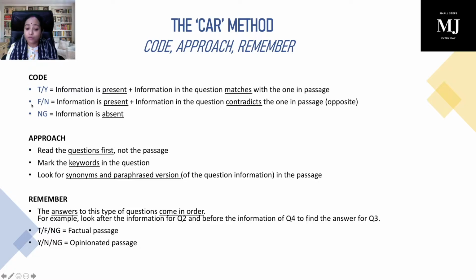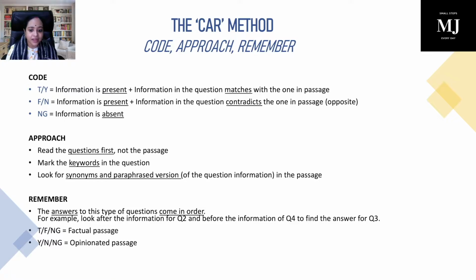Next, false and no. In this case also, the information will be present, but it will be opposite information. Suppose the question says tiger is a ferocious animal and your passage says tiger is not a ferocious animal.